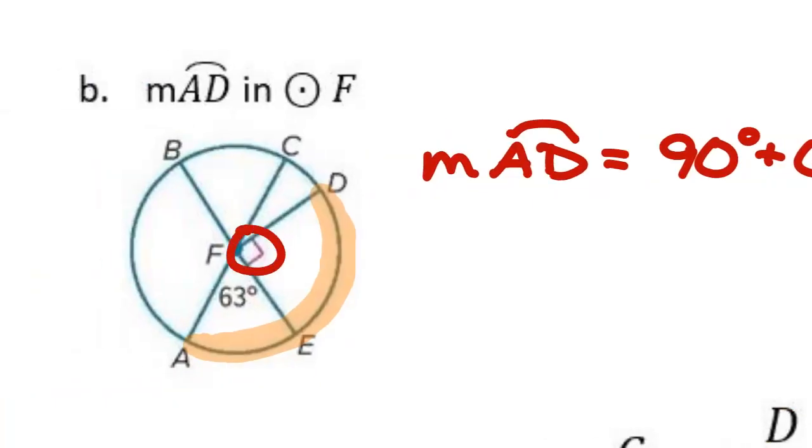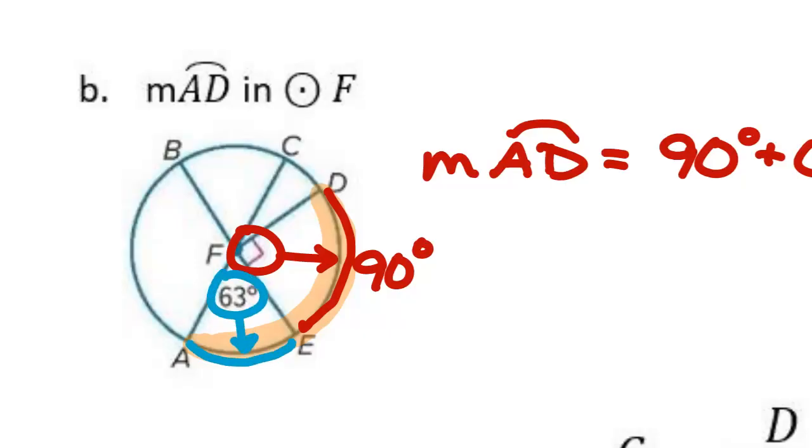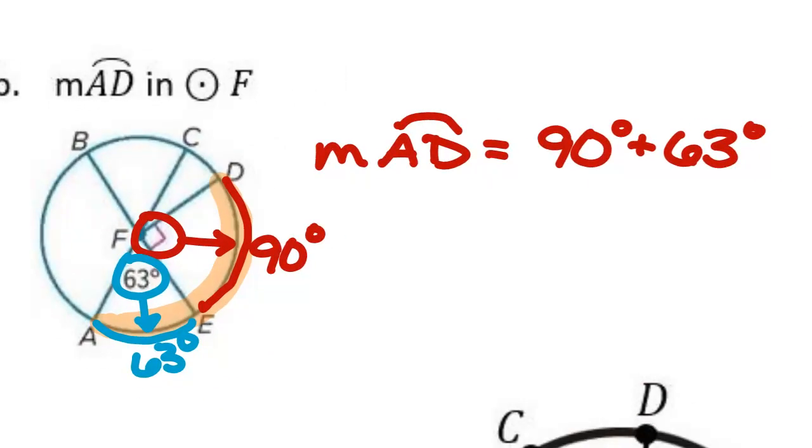So we have this right here, which means this arc is 90. We have 63 right here, which means this arc is 63. So to get the full arc, we add the 90 and 63 together, and we get what for arc AD? 153.